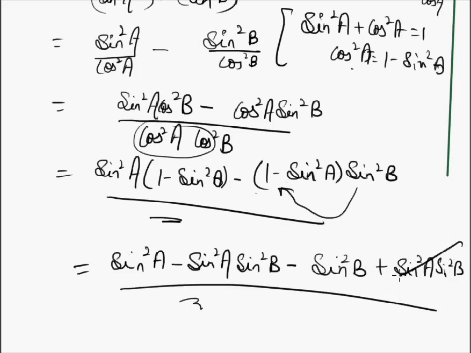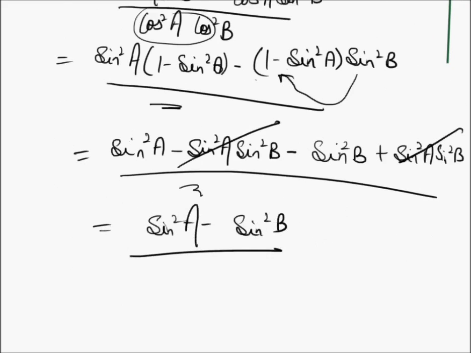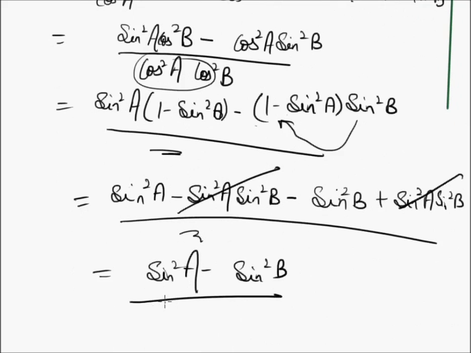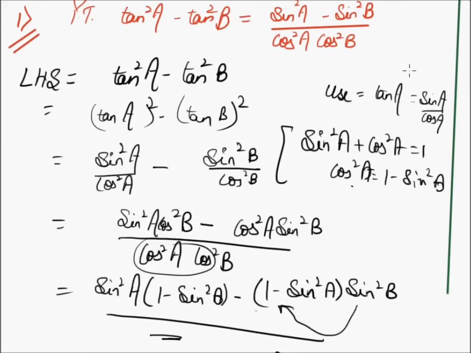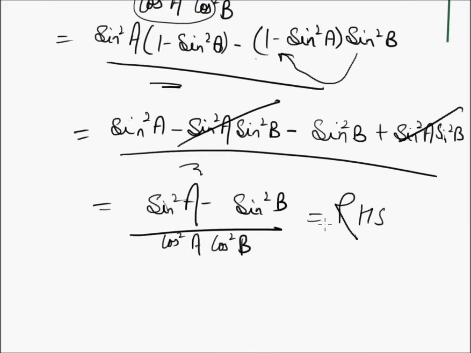So this term will cancel by the negative of it, and hence we are left with sine square A minus sine square B, and the denominator, which is cos square A into cos square B, which is the RHS, sine square A minus sine square B over cos square A cos square B. So by starting from the left hand side, we have achieved the right hand side, and hence the given question has been proved.